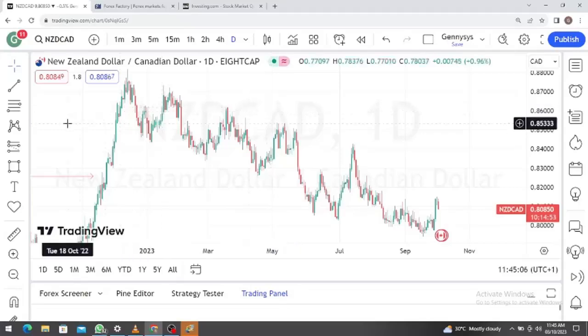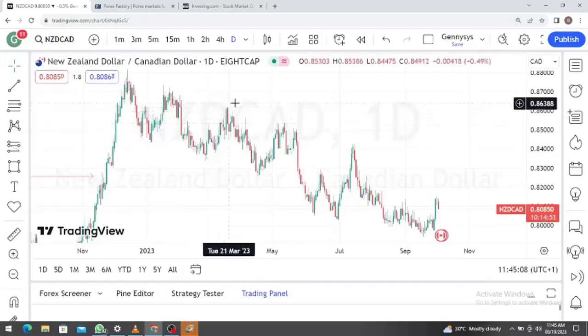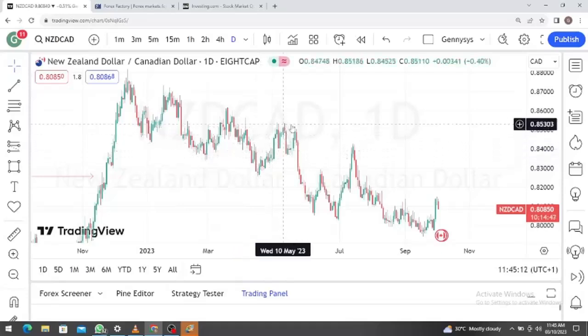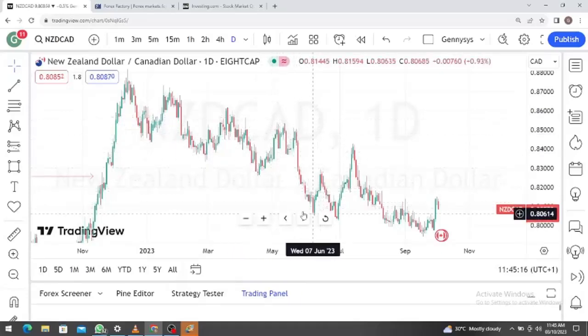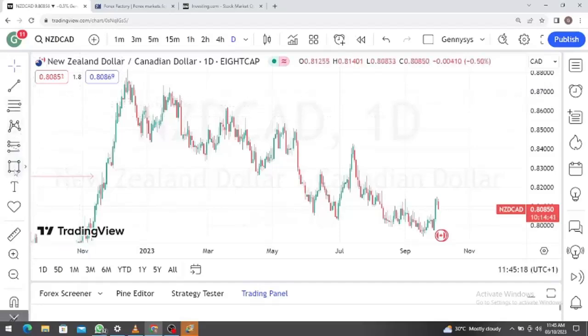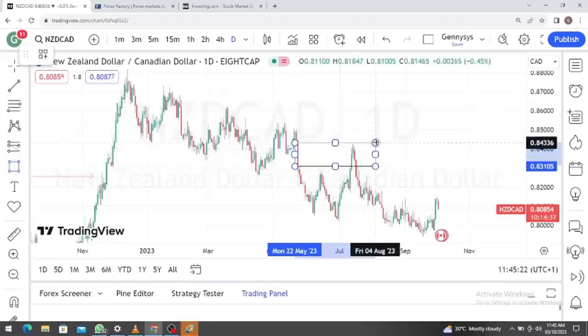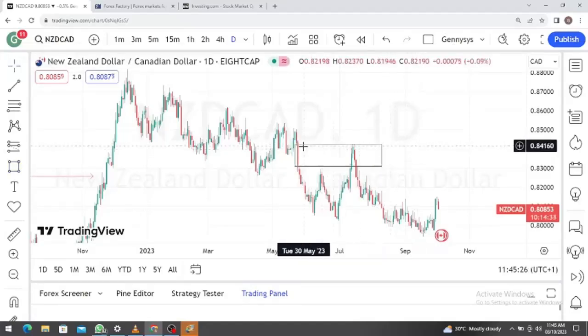It always works. If we look at this high to low, you discover that there is an imbalance here. It's an imbalance here, right there, right?